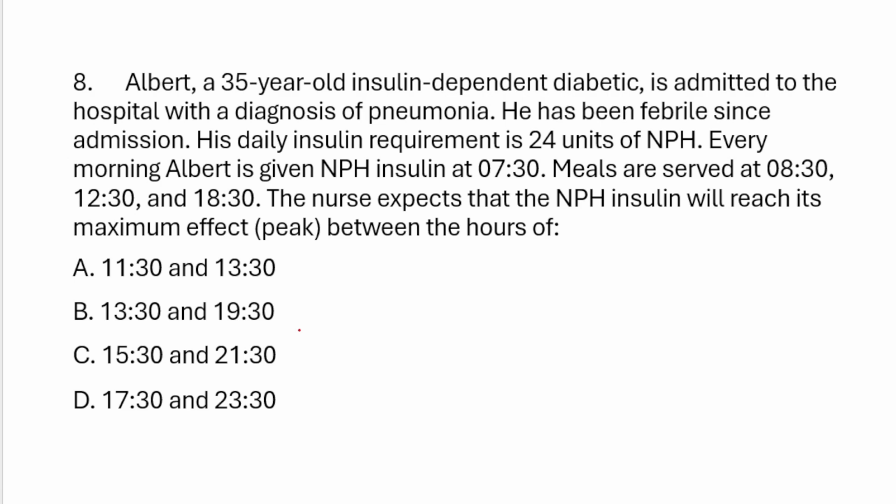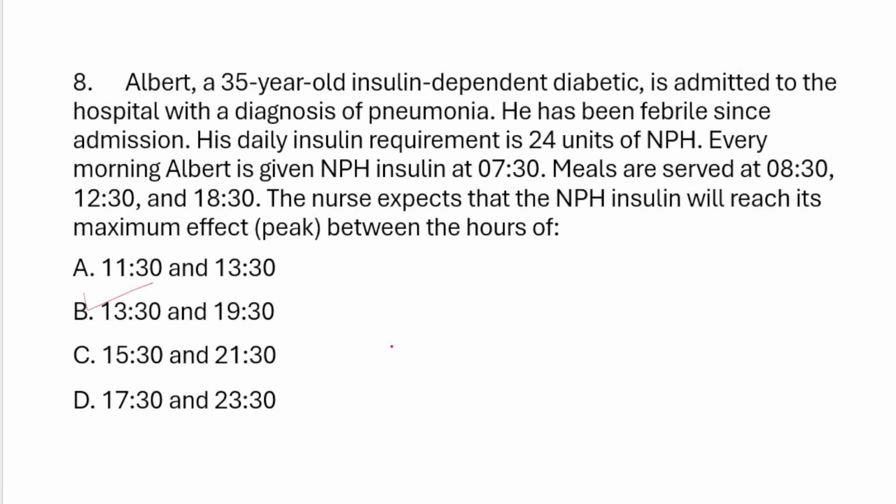The nurse expects that NPH insulin will reach its maximum peak between which hours? 11:30 to 13:30, 13:30 to 17:30, 15 to 21, and 17 to 23. Between what time will the insulin peak? Here the answer is B.